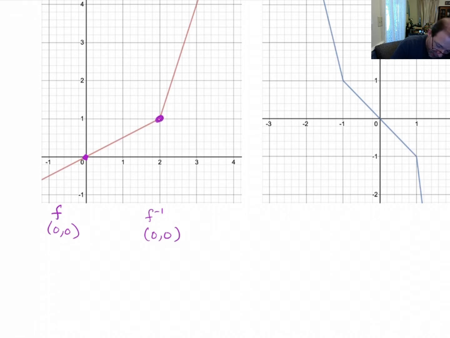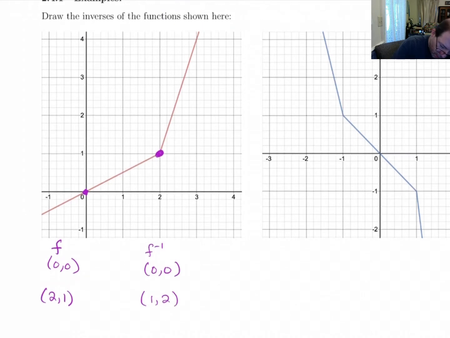This point right here is the point (2, 1) on the original, and so the inverse is going to have the point (1, 2). This point up here is the point (3, 4) on the original, and on the inverse is going to be the point (4, 3).